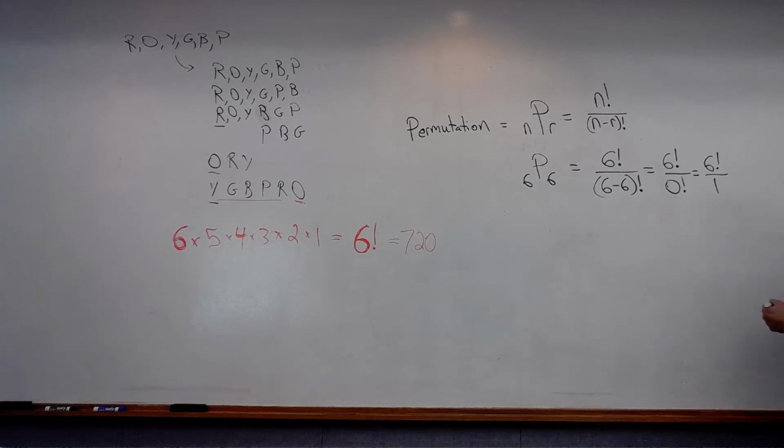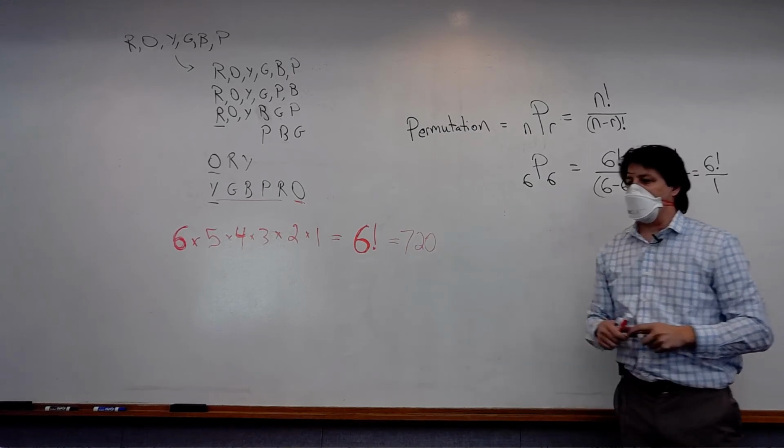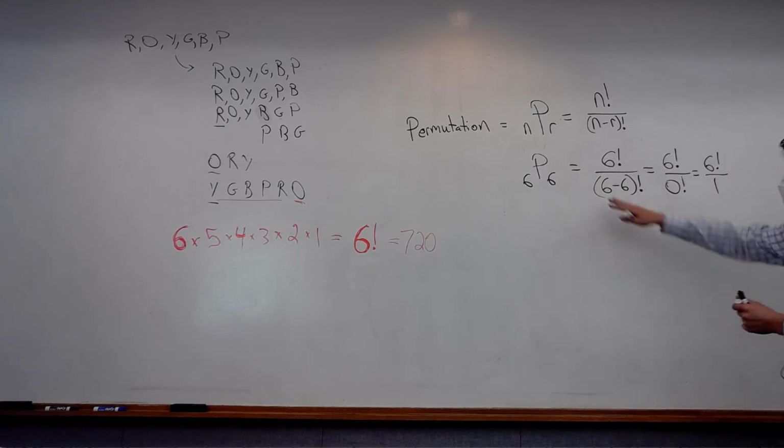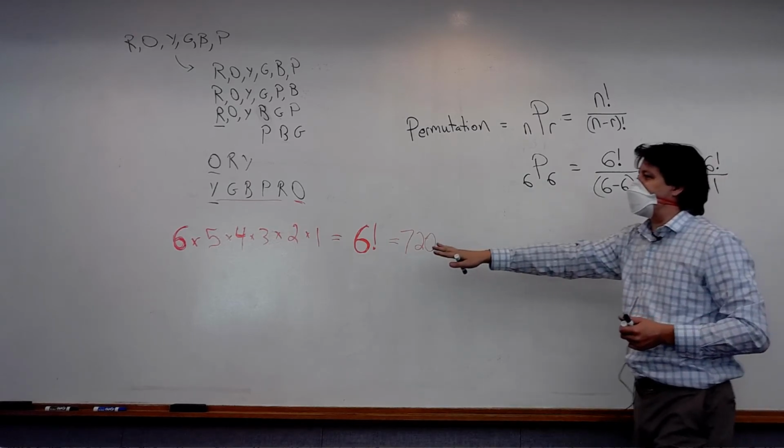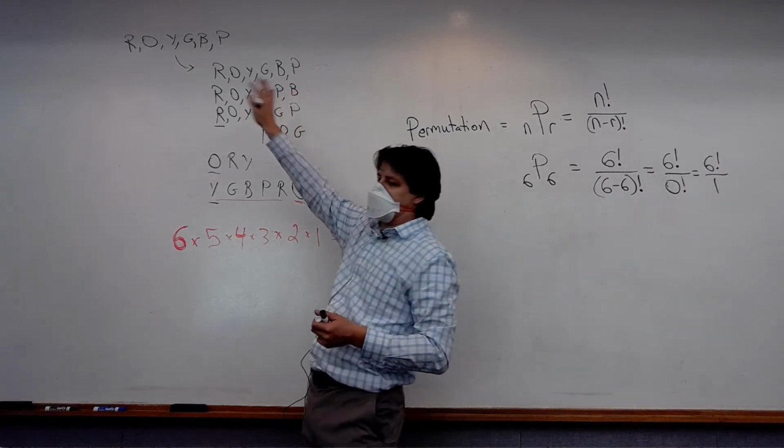Kind of just something you have to remember. And so this just becomes 6 factorial. So the number of permutations is 720. So why did we even care about this denominator? Well, we were in a special case where we were selecting all 6 options.